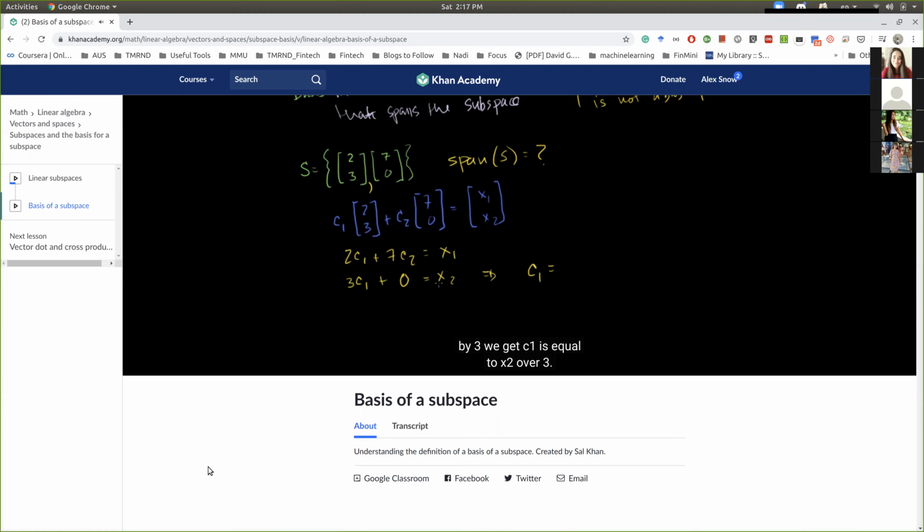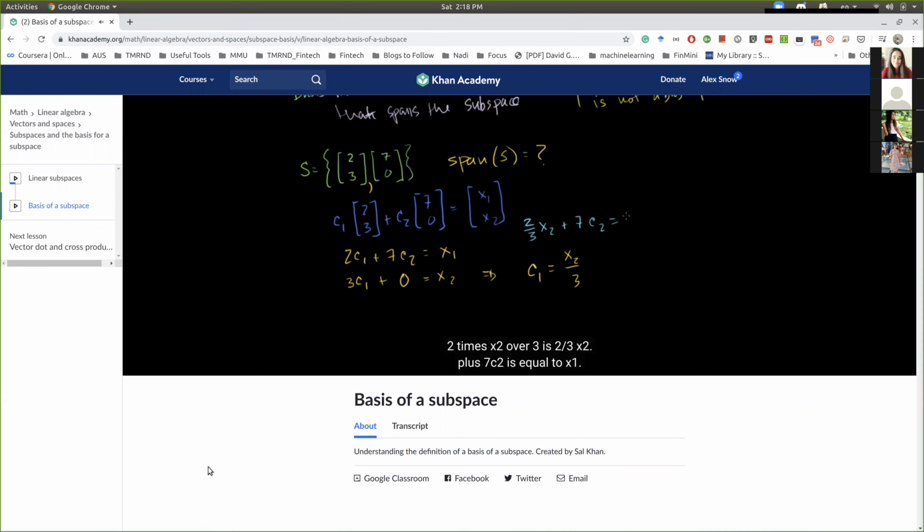And then if we substitute that back into this first equation, we get 2 times x2 over 3, which is 2/3 x2, plus 7C2 is equal to x1.